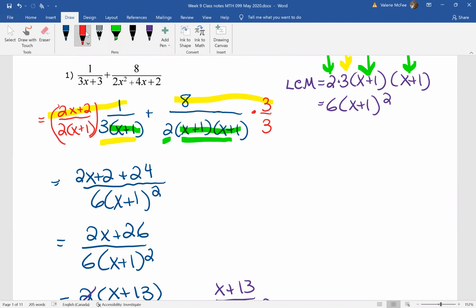So we know, if we're talking about restrictions, that x plus 1 cannot equal 0. That tells me that x cannot equal -1. I don't need to worry about this 2. There's no variable there. 2 cannot equal 0. Same reasoning for 3. There's no x there, and 3 will never equal 0.